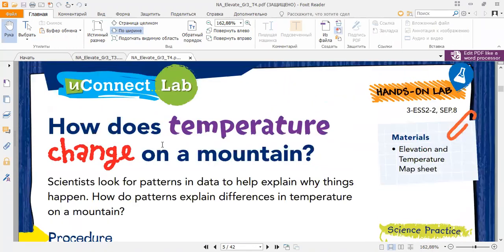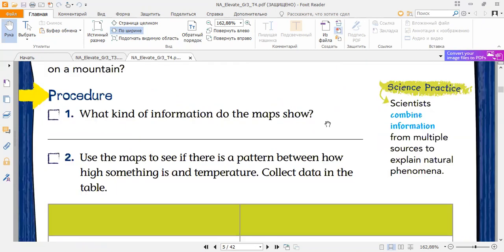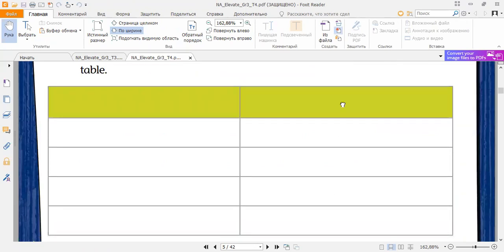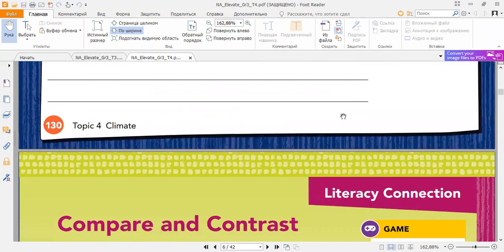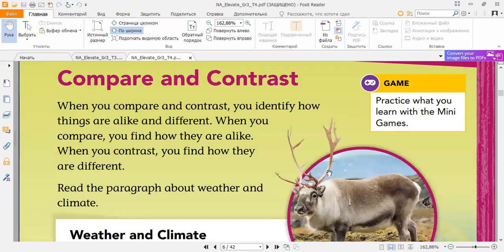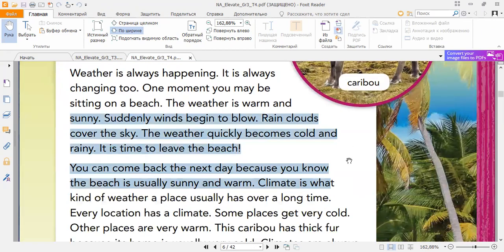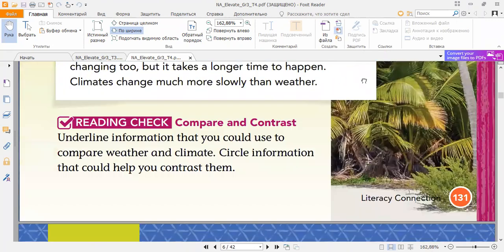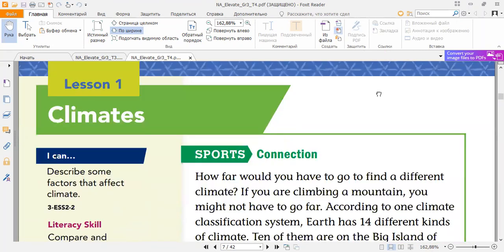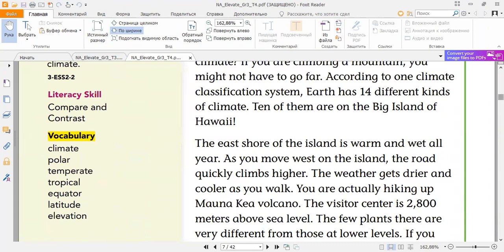It says, how does temperature change on a mountain? We did that. We discovered that the higher we get in the mountain, the lower the temperature is. So high in the mountain is very cold.